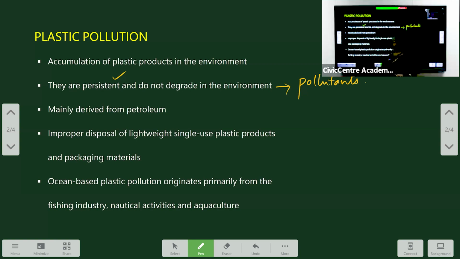Now we can see that these plastics are derived mainly from petroleum products, and hence when they're burnt in open air or when they're filled in landfills, they tend to pollute the environment and release toxins into the air, which causes air pollution.